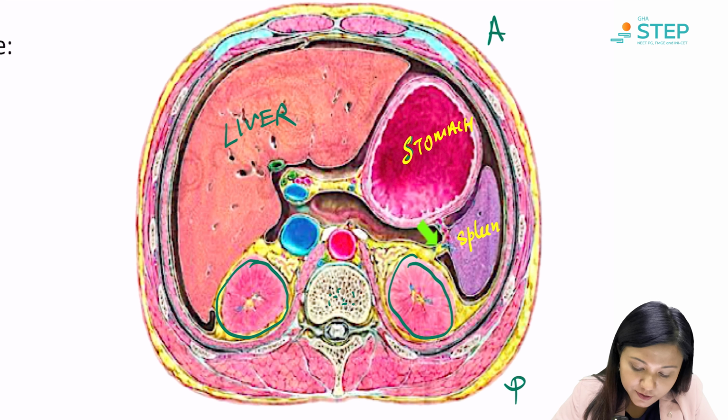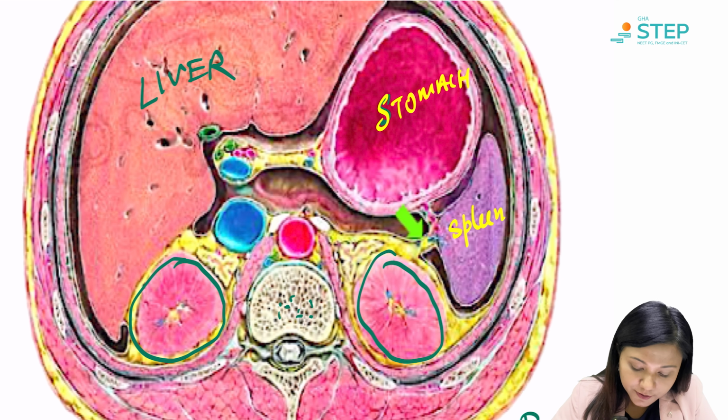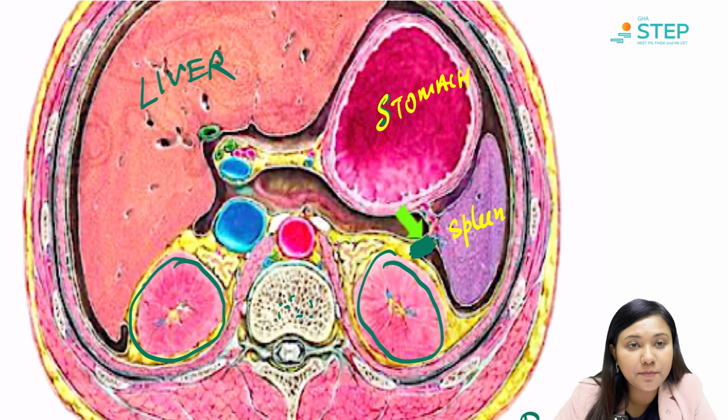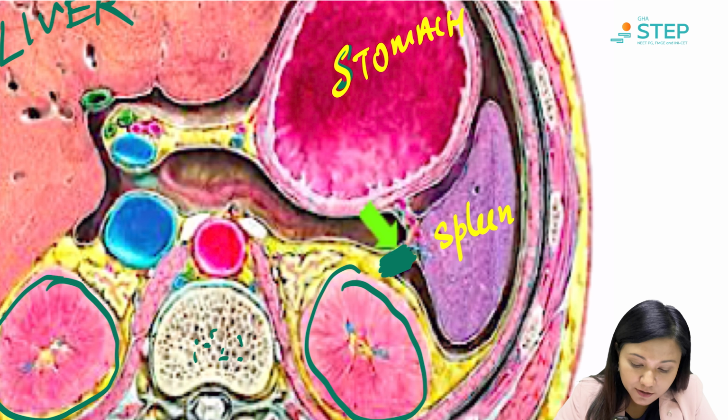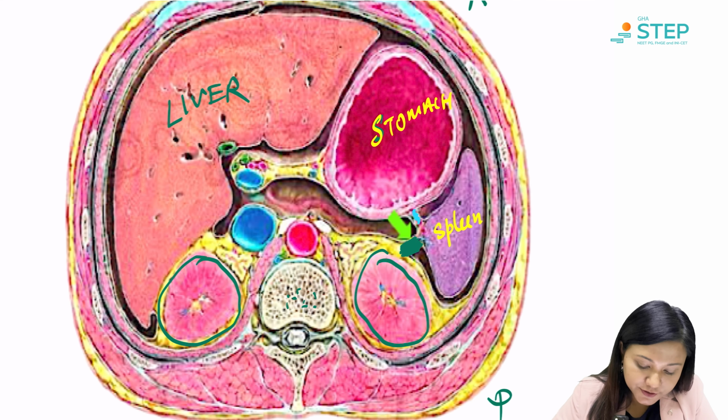Now they have asked about this ligament which is connecting the kidney and the spleen. The ligament connecting the kidney and the spleen is your lienorenal ligament. If they would ask about the ligament connecting the spleen and the stomach, this ligament is known as the gastrosplenic ligament, as the name suggests.